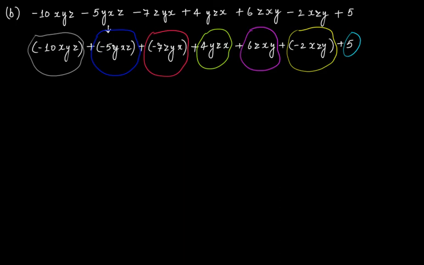Now first let's check for like terms. Like terms are those terms which have exactly the same number of variables, or the same variables. In term 1, this has 3 variables: x, y, z. Clearly these are the 3 algebraic factors of this term.